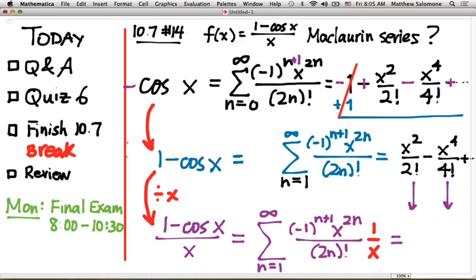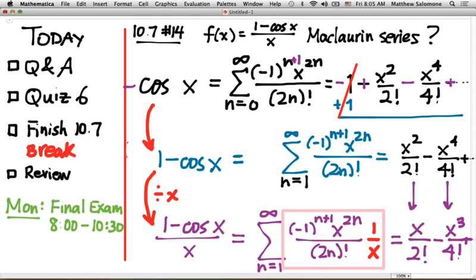So in place of where I used to have x squared over 2 factorial, now what do I have? X over 2 factorial. And x to the 4th over 4 factorial became x to the 3rd over 4 factorial, and so on. And so to finish, I'm just going to simplify this general term by reducing my powers of x.